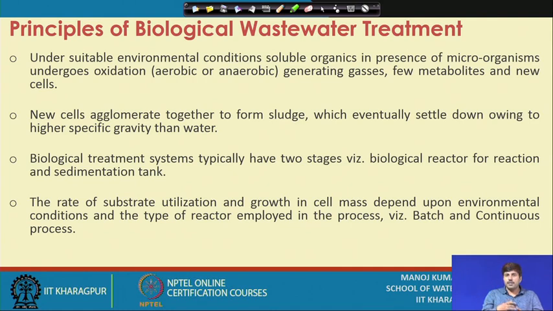And there are systems where bacteria can attach to a media present in the reactor, which is called the attached growth system. So, what type of growth system it is, and whether it is a batch system or a continuous system.